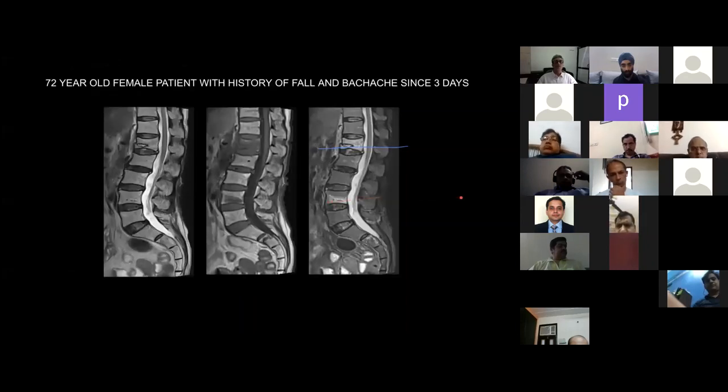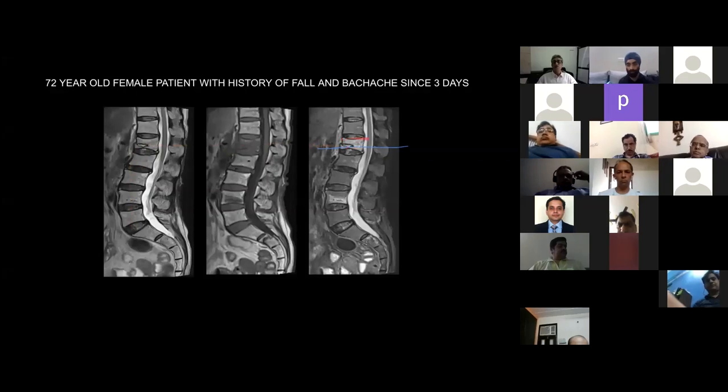A 72-year-old female patient with history of fall and backache since 3 days. We can see mild vertebral collapse. T2 weighted image, T1 weighted image, STIR image, lumbosacral spine, sagittal view, mild vertebral collapse of the L1 vertebral body on T2 and T1.